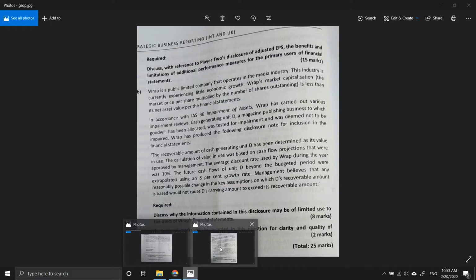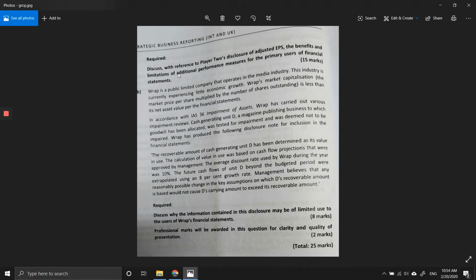So what are we required to justify? Discuss with reference to Player 2's disclosure of adjusted EPS the benefits and limitations of APMs for the primary users of financial statements. With reference to Player 2's disclosure of adjusted EPS, the benefit and limitation.